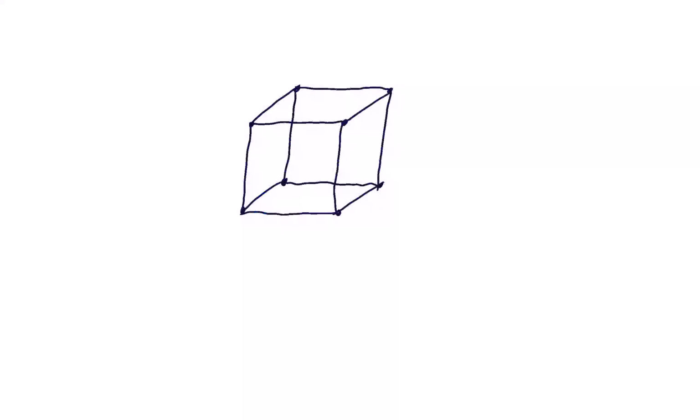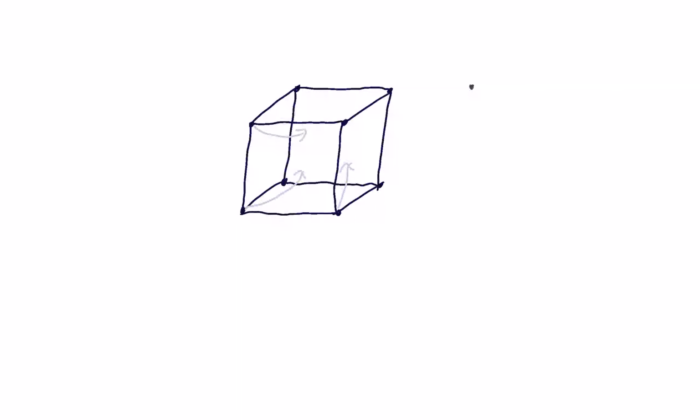Now here we have a graph that represents the vertices and edges of a 3D box. And you would have a lot of excuse for thinking that this cannot possibly be planar, right? But if we make a couple of adjustments, so let's see, what adjustments could we make? Well, I see that we could push this vertex in there, and that one in there, and that one in there.